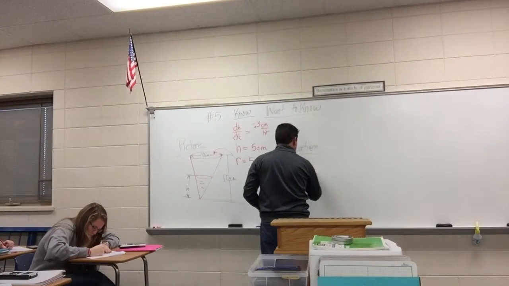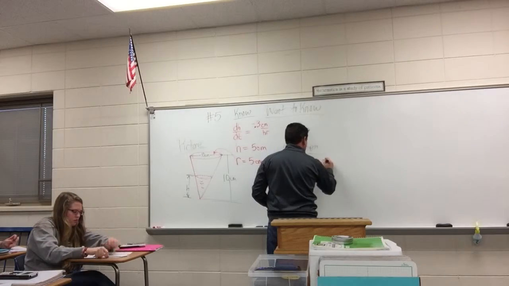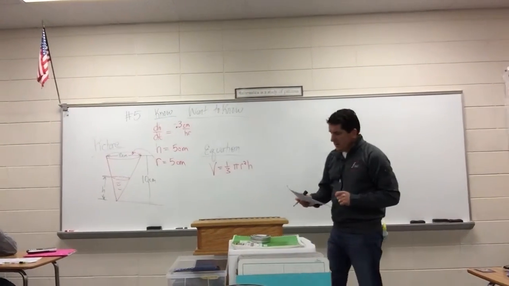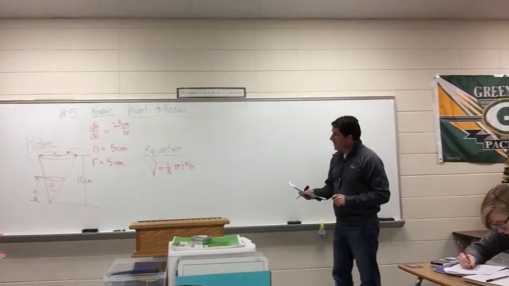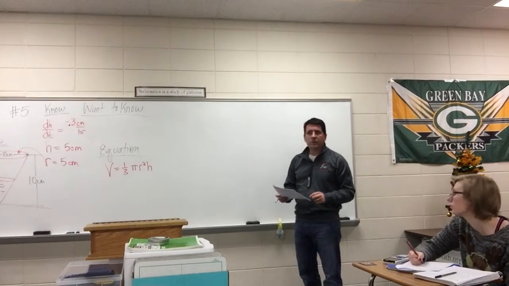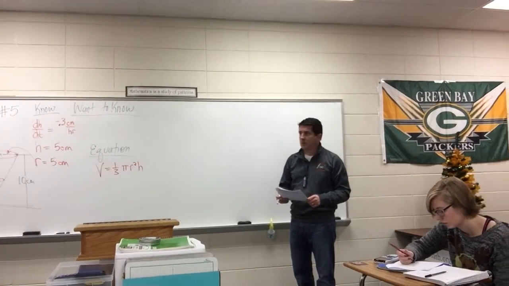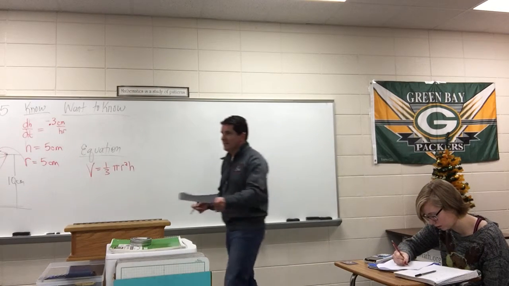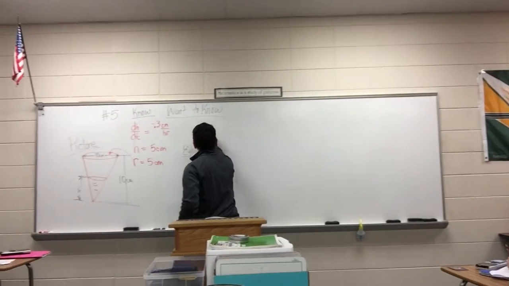Okay, 1/3 pi r squared h is the formula that relates the variables. And what do we want to know? dV/dt. Okay, I think we got it.